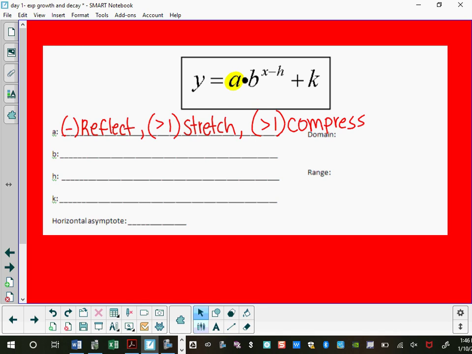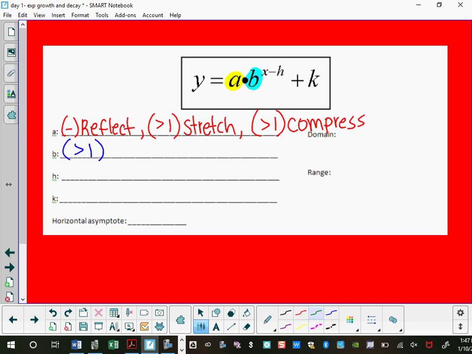So even though we haven't done exponentials before, you can still tell what your transformation is going to be because we've already learned it. We've already learned transformations of quadratics, of cubic, of linear graphs. So we should be good. All right, so the B here, we really haven't talked about that much, but just a little bit.